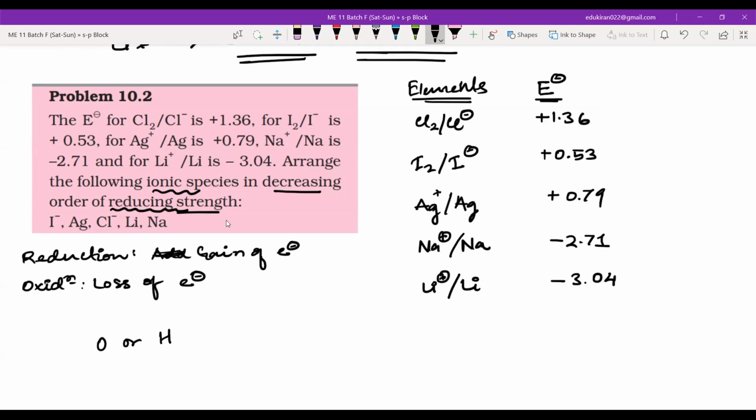Now we all know oxygen, whenever it is attached to something, is more electronegative, and it will be coming with 2 negative charge, right? If it is getting attached to something, that means it is bringing some electrons, right? So if you have oxygen somewhere, for example hydrogen, oxygen, and hydrogen, oxygen will be taking up electrons.